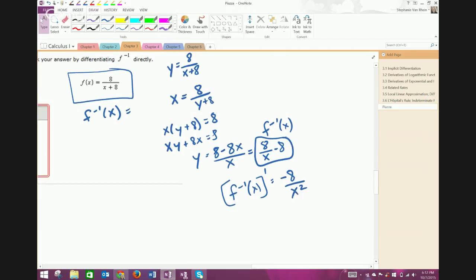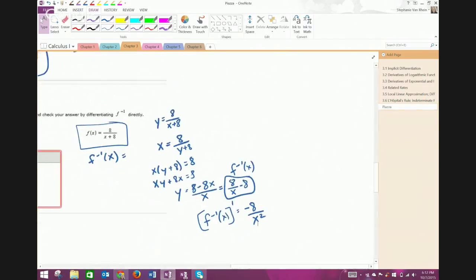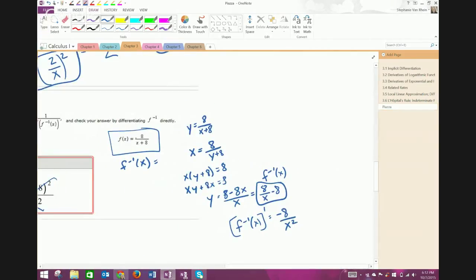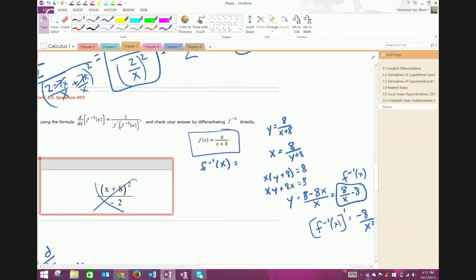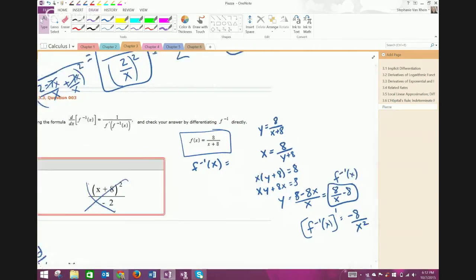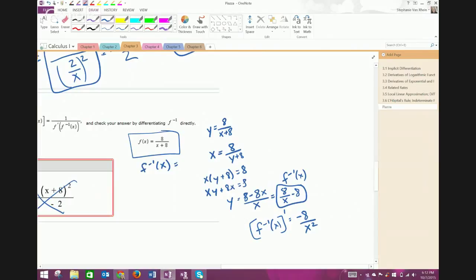Or I could use the formula, and the formula is saying I take the derivative of the function and plug in the inverse function, and the inverse function is what I found here. So what is the derivative of f of x? Derivative of the top, which is 0, minus the derivative of the bottom, hold the top over the bottom squared.